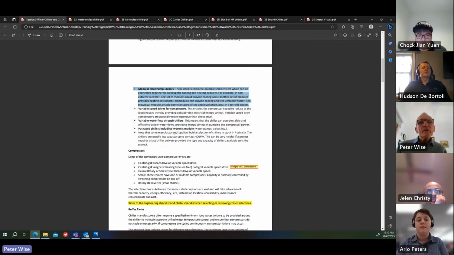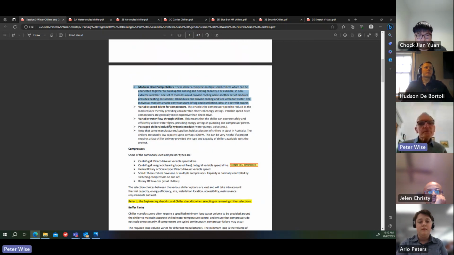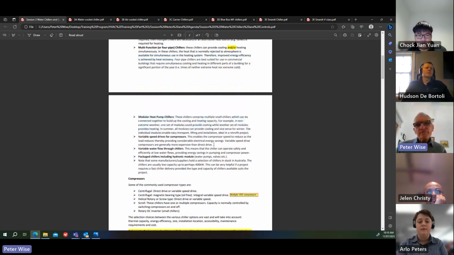And in recent years, I suppose it's probably been the last 15 years or so, variable speed drives have been quite common for compressors. This enables the compressor speed to be reduced as the load reduces and provides considerable electrical energy savings.